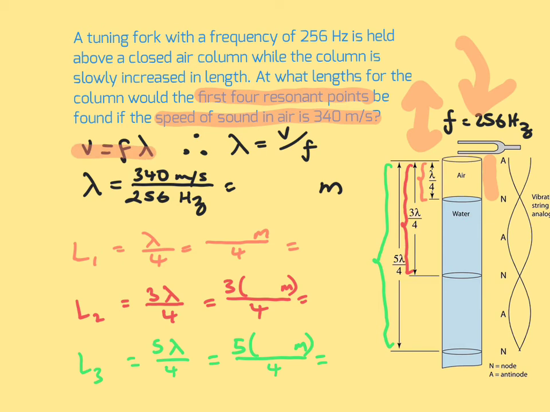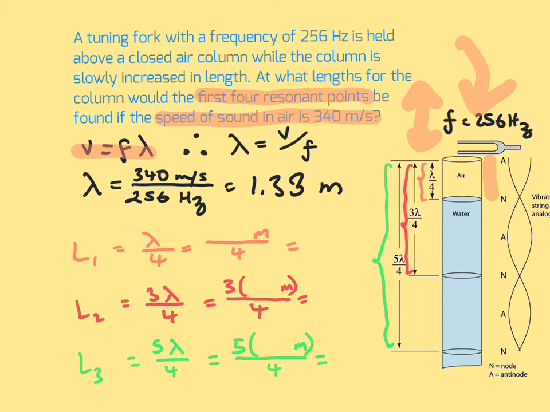And we're going to put in our values here. We're going to have 340 meters per second over 256 hertz. Of course, hertz is per second. And that's going to give me about 1.33 meters. Okay, so this is, if you like, the wavelength for that particular tuning fork.